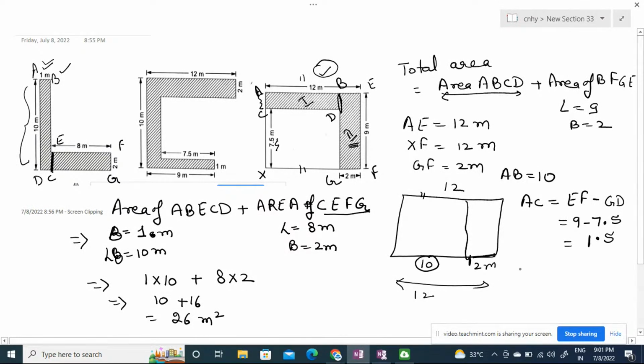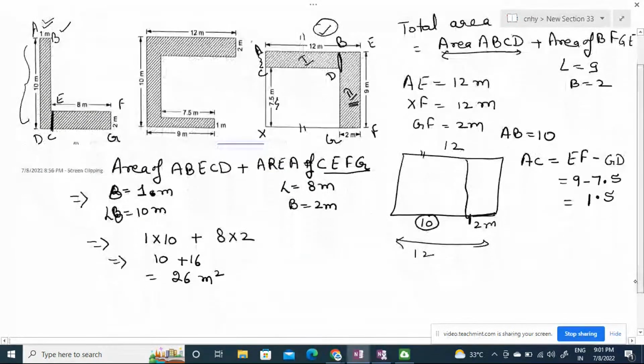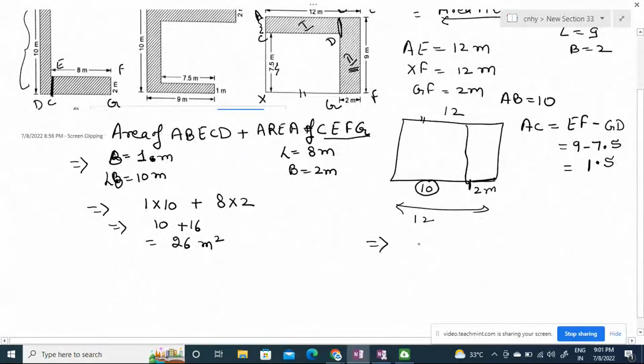Now we will do 10 into 1.5 plus 9 into 2, we have to find the total area. That is 15 plus 18 meter.